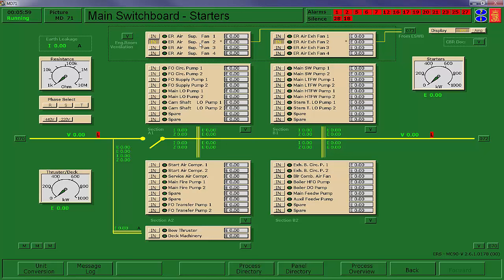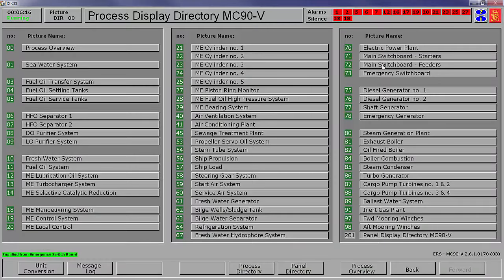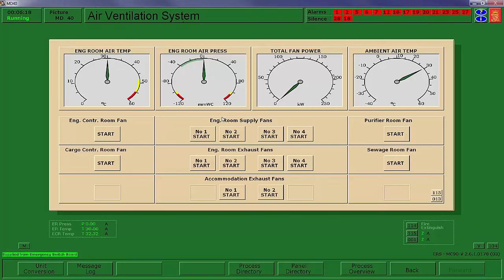And if you were to have a plant blackout, it would automatically, on these number 2 fans, switch their power supply over to the emergency, and you would have air down in the engine room to prevent it getting overly hot. So anyway, we go to process directory and we'll go to air ventilation.